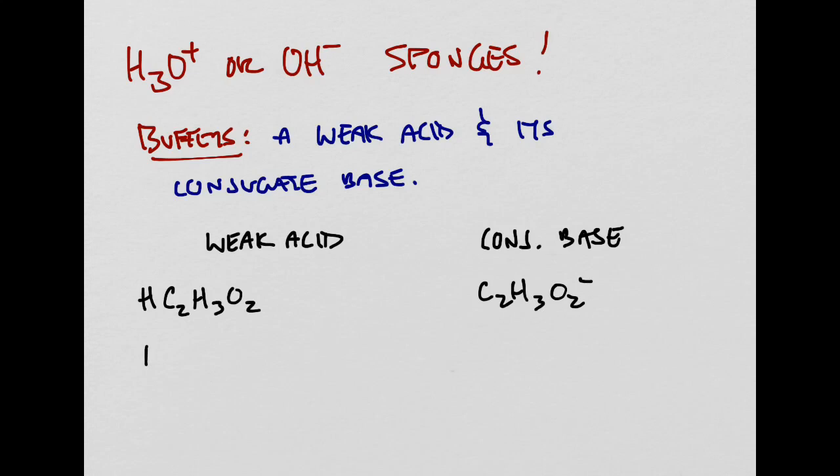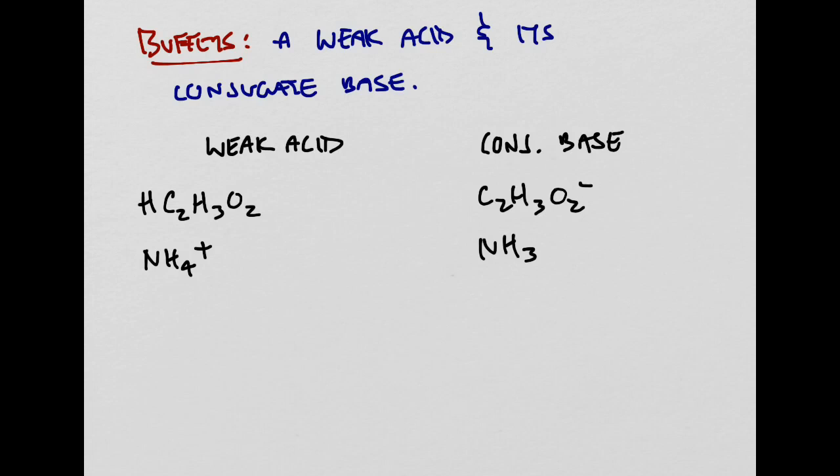And then we can have something like ammonium, and its conjugate base is when it loses a hydrogen and becomes NH3, no charge on that. And then lastly, a very important biological buffer pair, which is carbonic acid, H2CO3, and the bicarbonate ion.